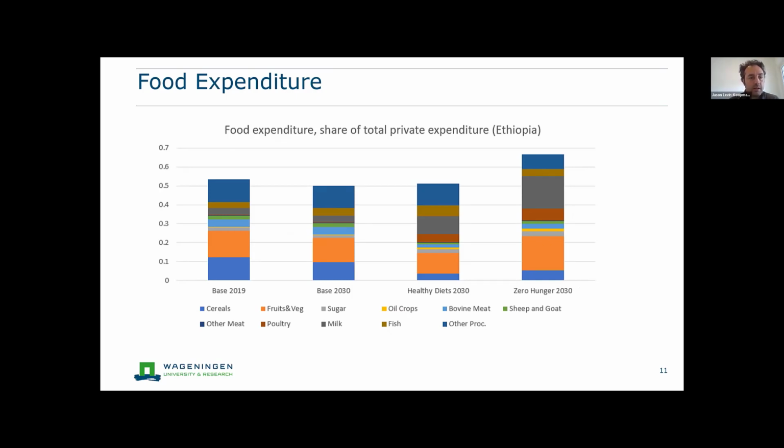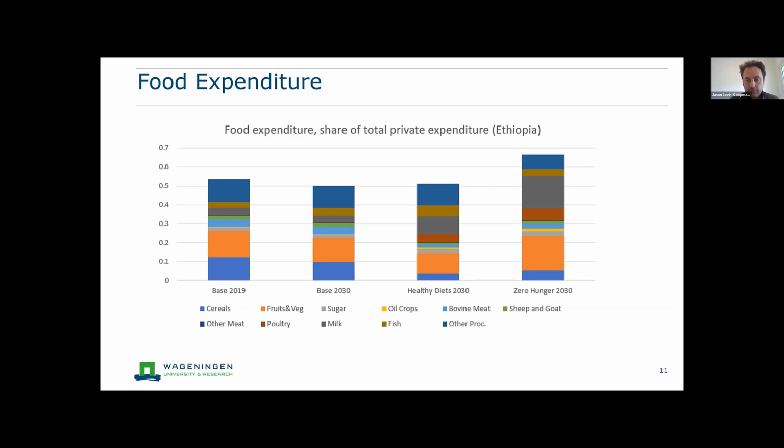So we have about 54% of all purchases are on food for 2019 in the baseline. This then drops as the country gets richer to about 50%. The healthy diet scenario in 2030 increases that slightly, but not significantly.